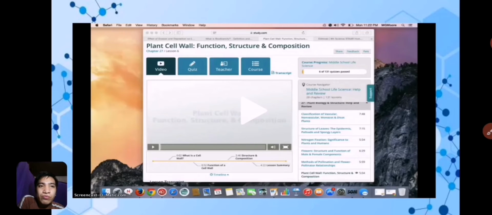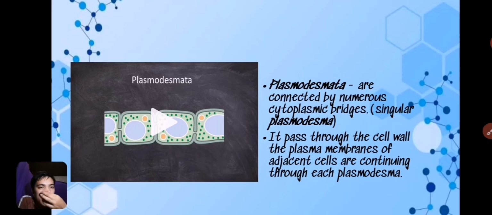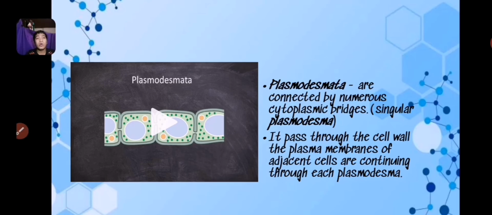So also, let's watch, after this plasmodesmata video presentation, we have another one. I also have a video presentation to help you know the plasmodesmata, or the plasmodesma, in the cellular form.